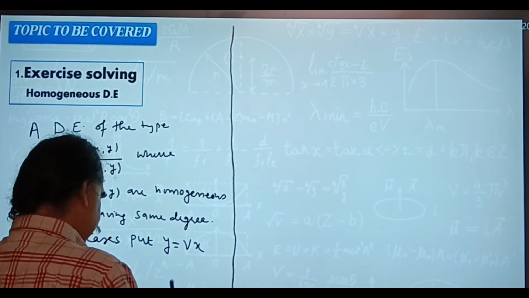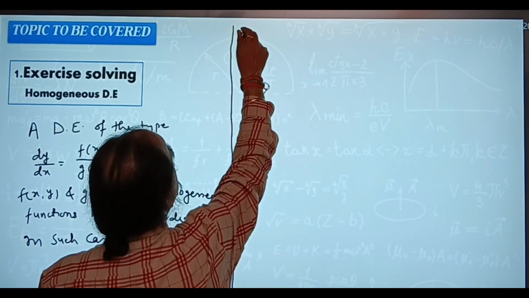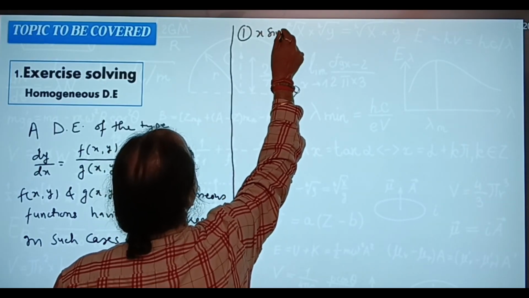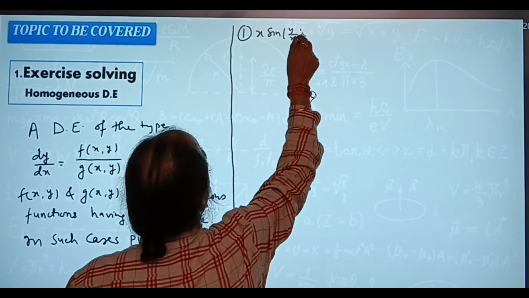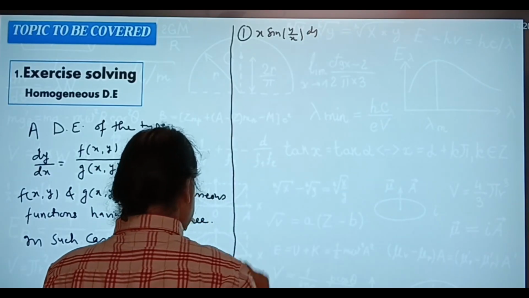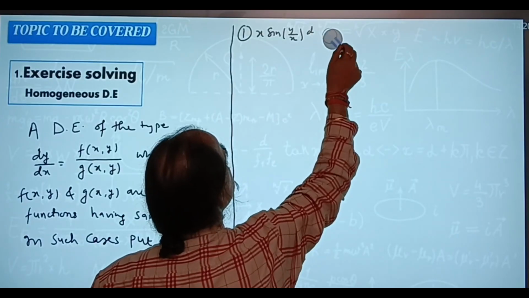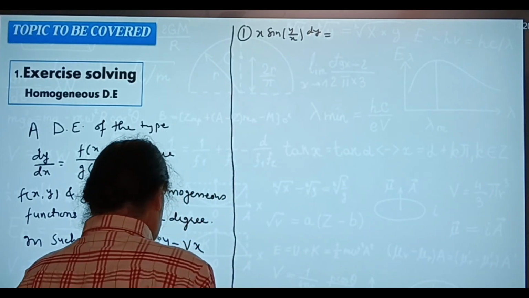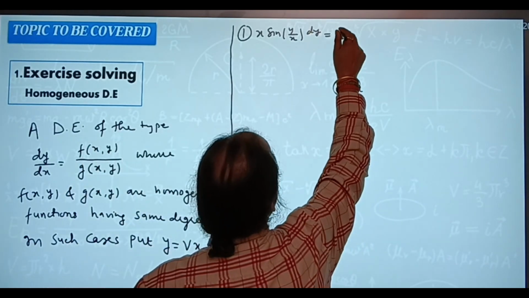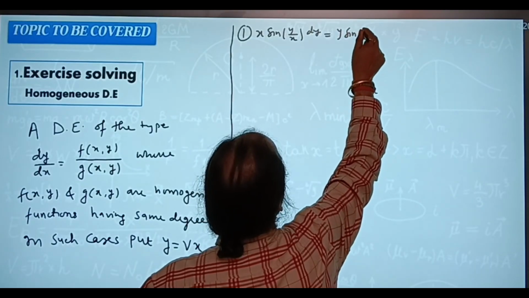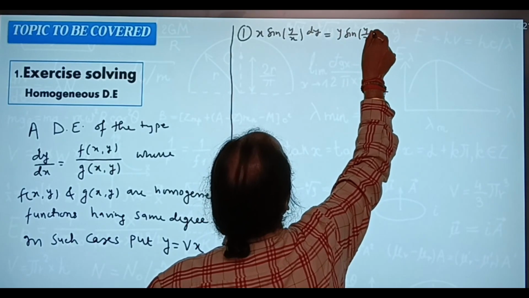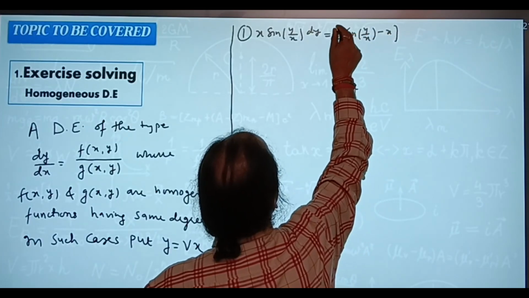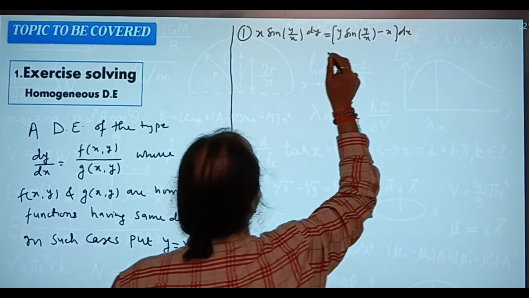x sin(y by x) dy is equal to y sin(y by x) minus x dx.